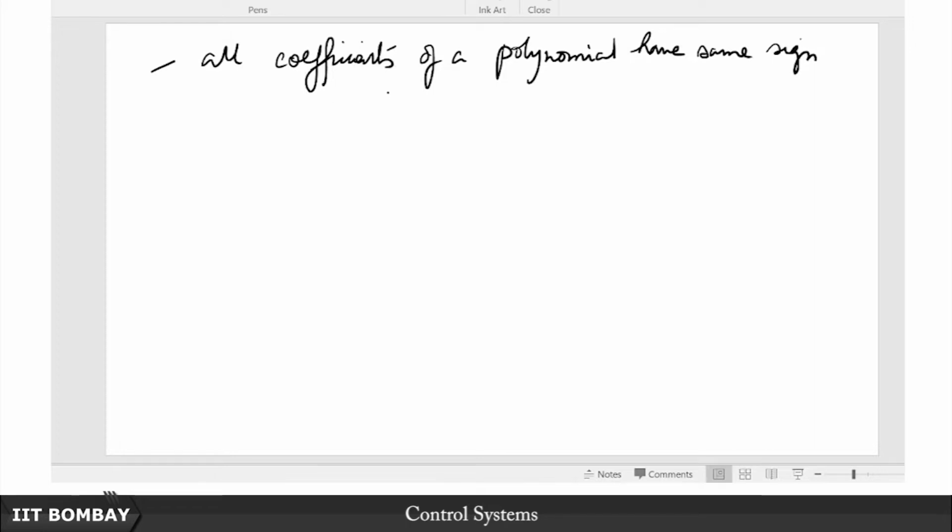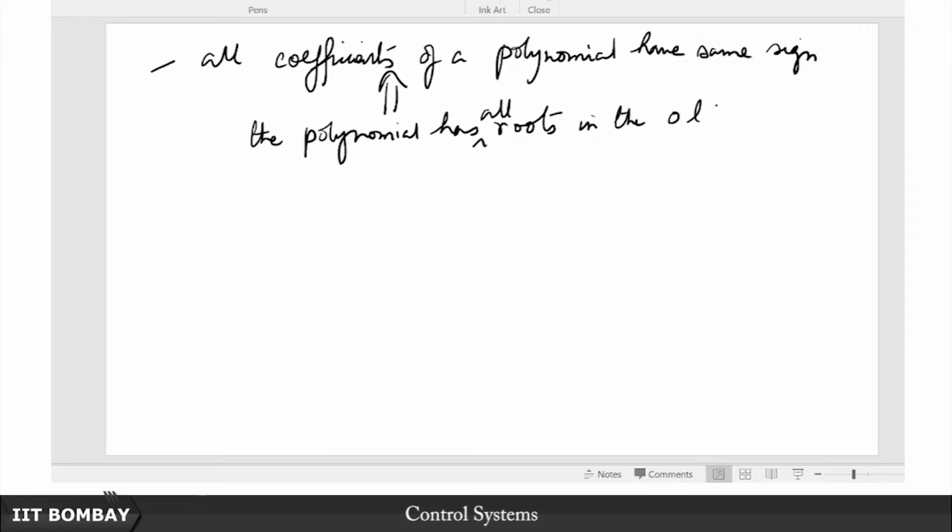So this is actually a necessary condition for the polynomial to have all roots in the open left half plane, in the sense that if this condition is violated, then you know for sure that such a polynomial cannot have all its roots in the open left half plane.